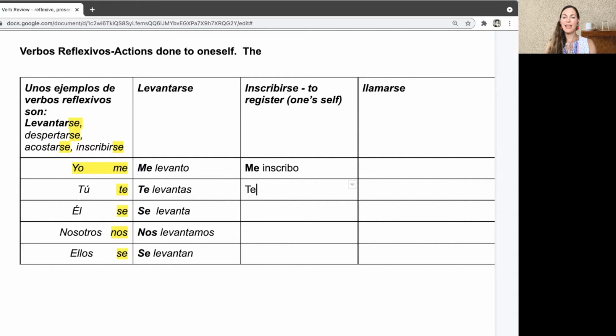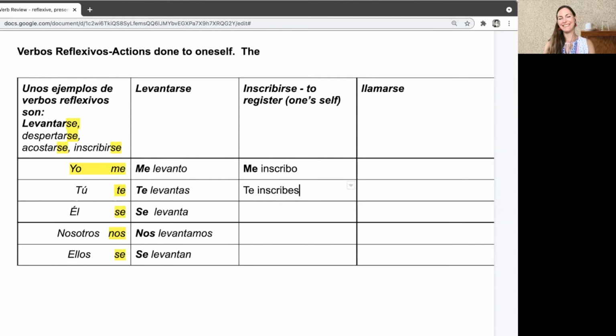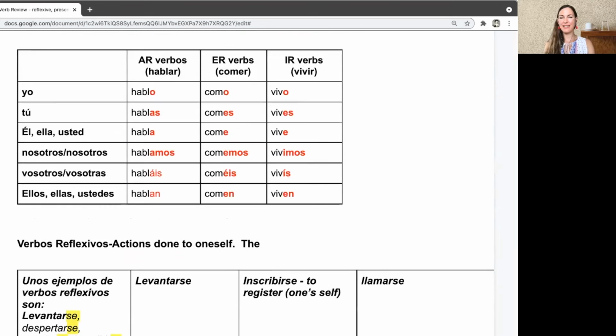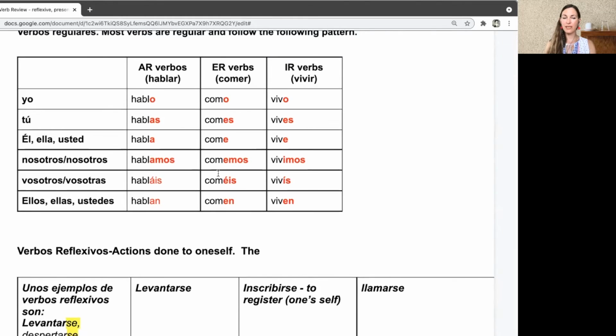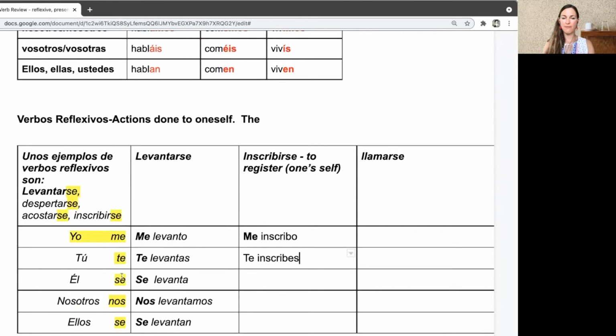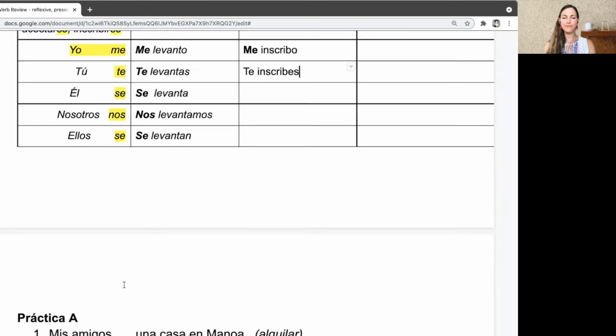Tú te. And then inscribe. What's your ending? Your regular present tense for tú in the IR verb is es. Okay. If you forget your endings, you can look up here because this is all the same. Basically, the only thing you're doing is putting this in the front. The me, te, se, nos, se.